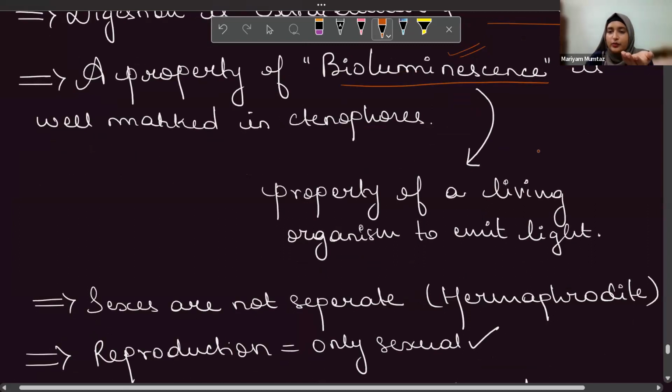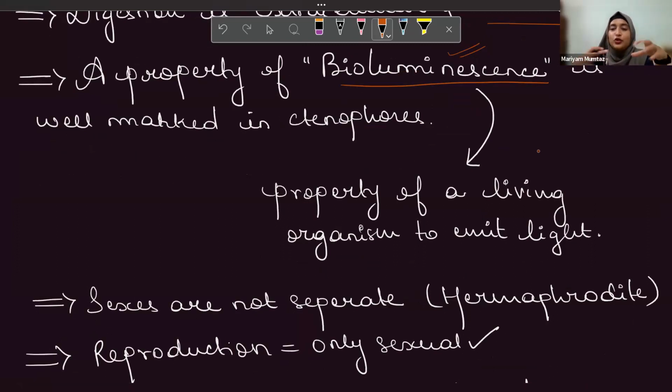Luminescence is obviously luminant, you understand? Illuminating, right? And bio means living. So a living being that illuminates light is the phenomenon of bioluminescence. And it is exhibited only by Ctenophora, the members of the phylum Ctenophora.